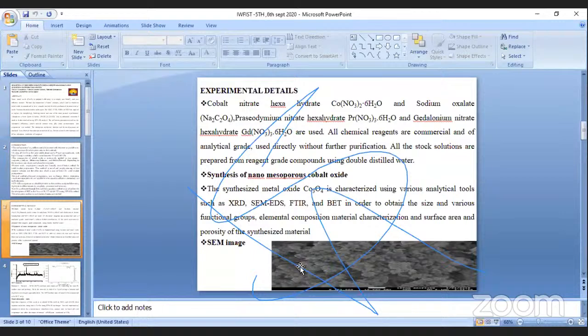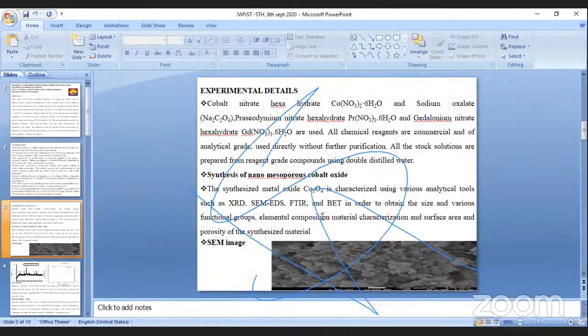Next, coming to experimental details, cobalt nitrate hexahydrate, Co(NO3)2.6H2O, sodium oxalate and gadolinium nitrate are used, and all the chemical reagents are commercial and of analytical grade, and the stock solutions are prepared from reagent grade compounds using double distilled water.